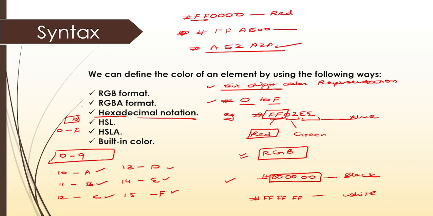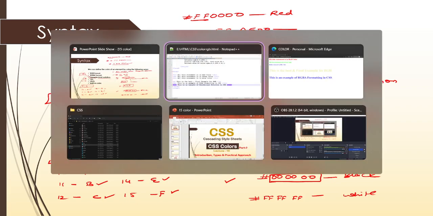So remember, whenever we talk about hexadecimal notation, we always make use of 16 values, and it is a 6-digit color representation or color combination.